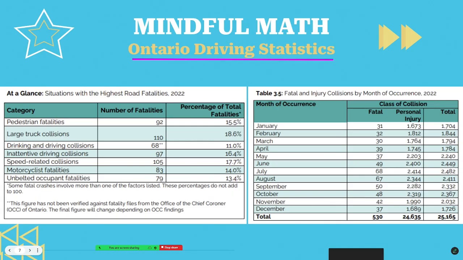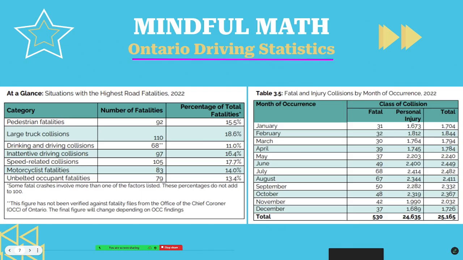And not to start our sunny day with something so dark, but it's important to know that inattentive driving, that's when you're not paying attention, when you could be occupied with kids in the back or changing the radio station or texting and driving, we're looking at 16.4% of total fatalities caused by inattentive driving. 17.7% are speed-related collisions.